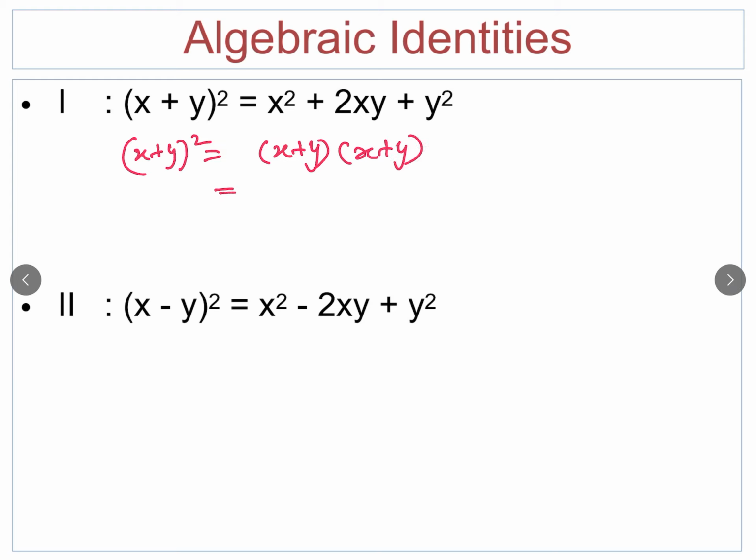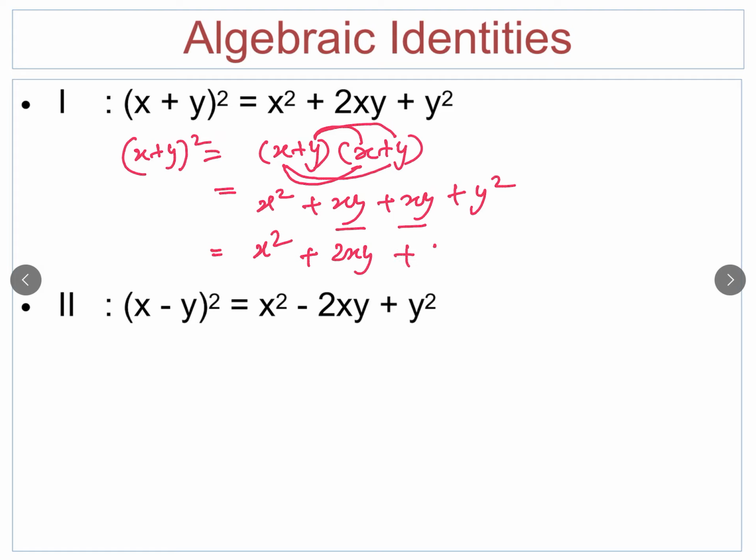Now in order to solve this, first we'll multiply x with the x here, so this will be x square, then x with the y, so this will be xy, then y with the x, so this will be again plus xy, and plus y into plus y will be plus y square. Then we have x square, xy plus xy will be twice of xy, then y square, which is identity number 1, that is (x plus y) whole square is equal to x square plus 2xy plus y square.